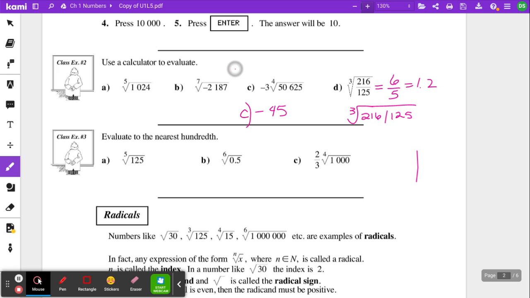So she went -3, put her times symbol in, then got the 4 on her screen, then got this button and put in 50625. Would that work? That's a perfect way to do it. The other way to do it is to hit your fourth root first, get your answer, and then go times -3.